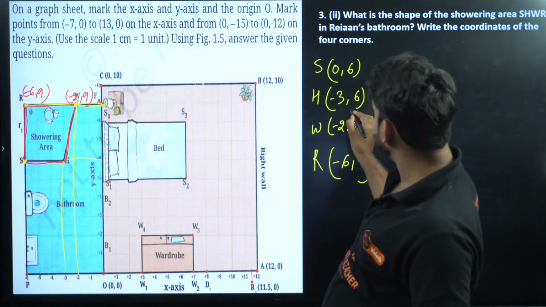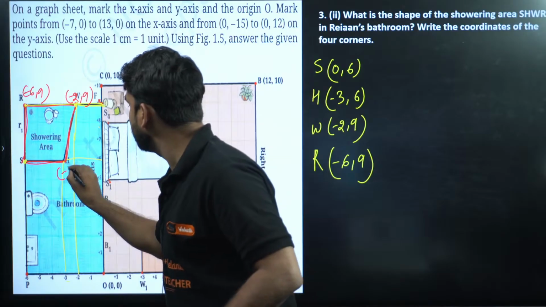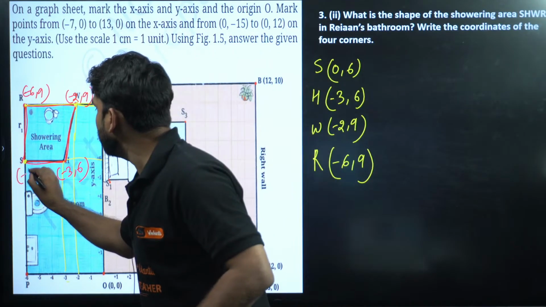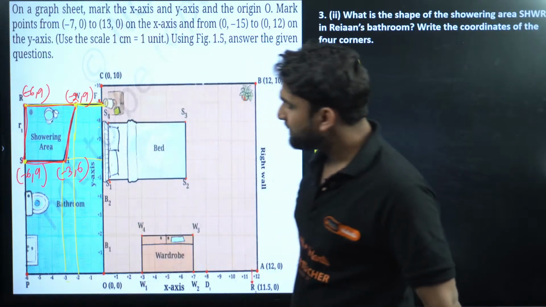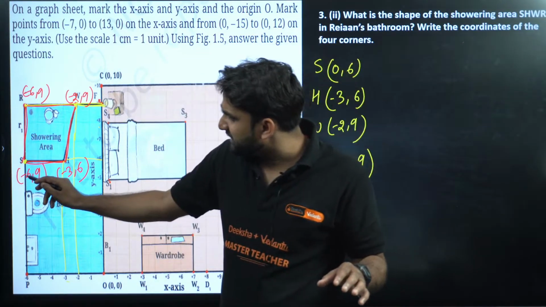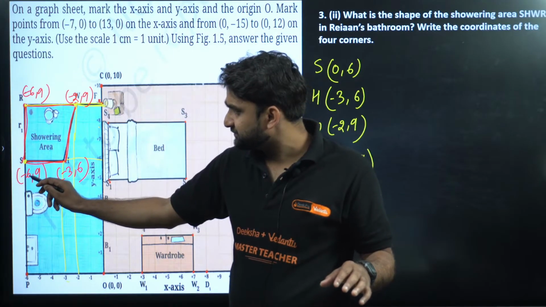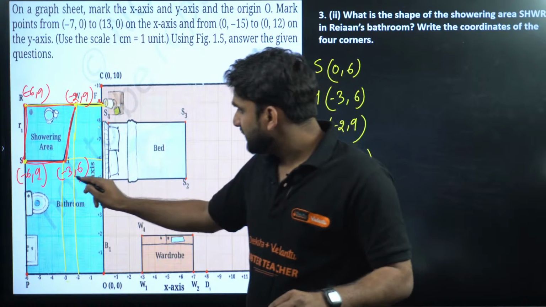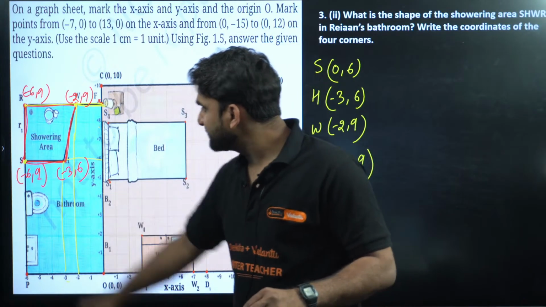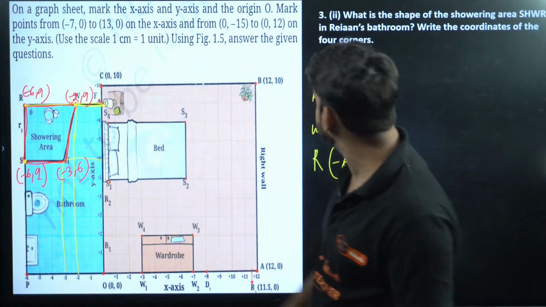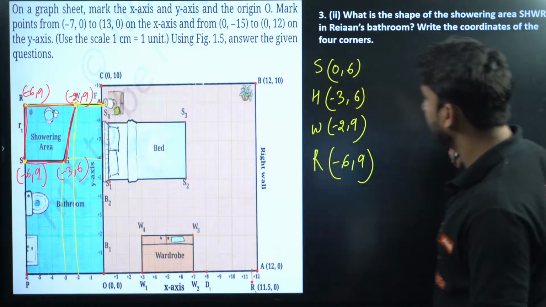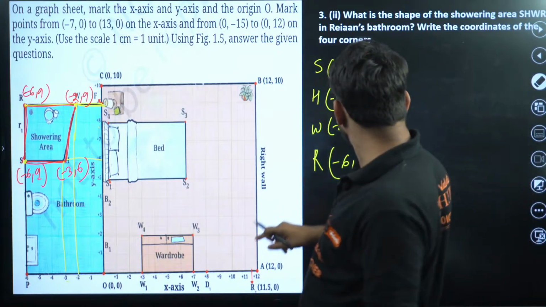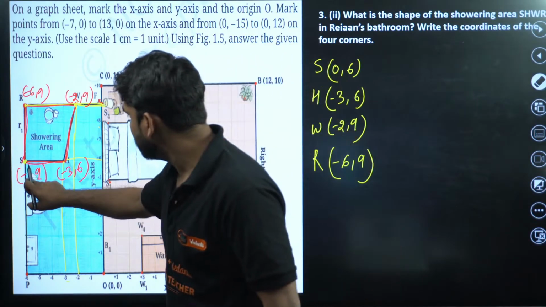H has coordinate -3, 6. S is 0, 6. Can you observe one thing?